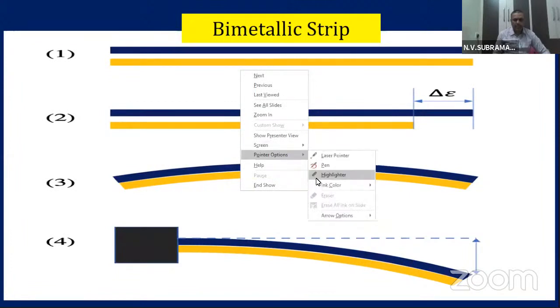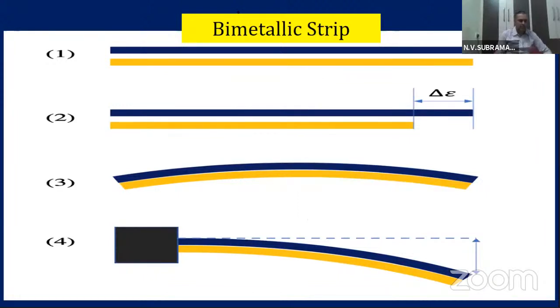Okay, so let us say, for example, children, this blue color is the brass. Okay, this is brass. And this yellow color strip is the iron. Before I start explaining, I want you to remember these values.